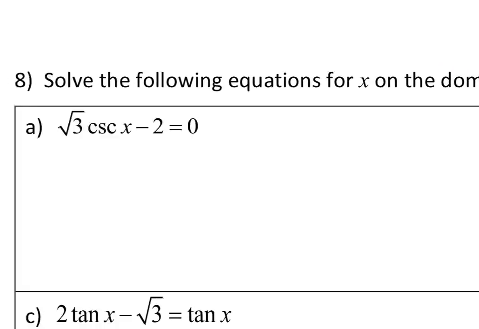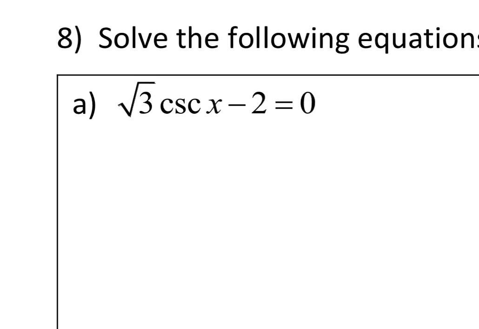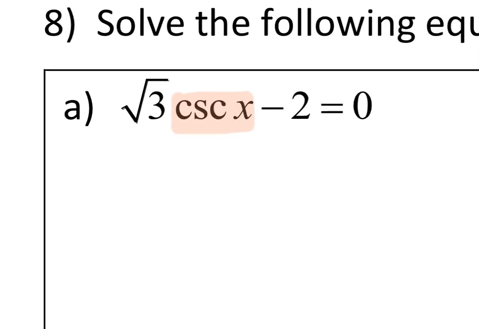So let's start here with letter A. When you see a problem that's fairly straightforward like this, you're going to want to isolate the trig function. And so in this case, that's going to look like getting the cosecant of x by itself. In order to do that, I am going to add 2 to both sides.